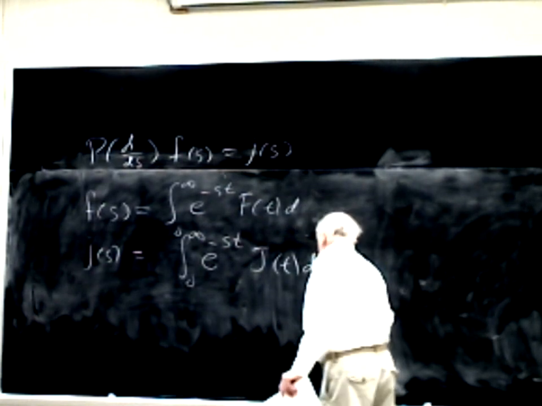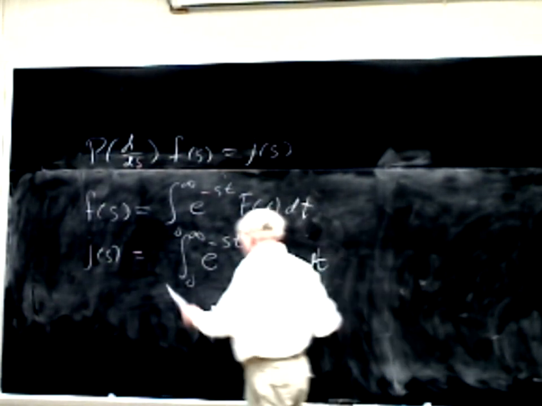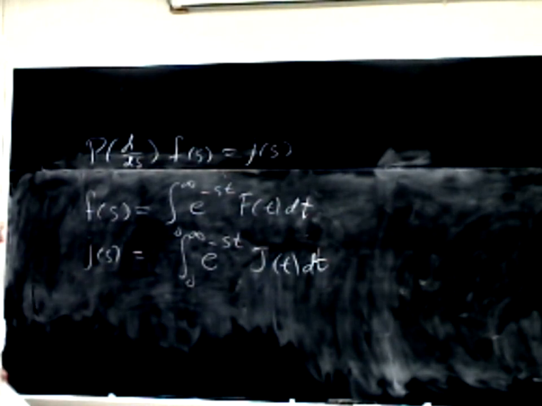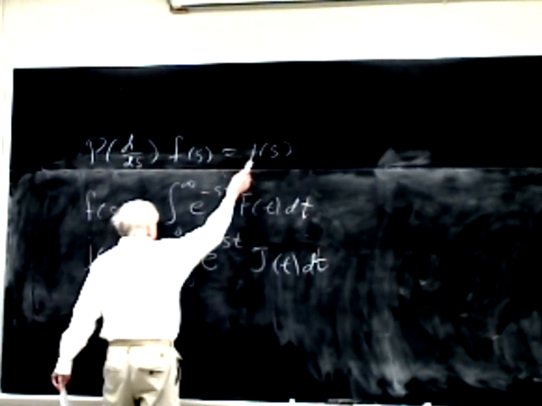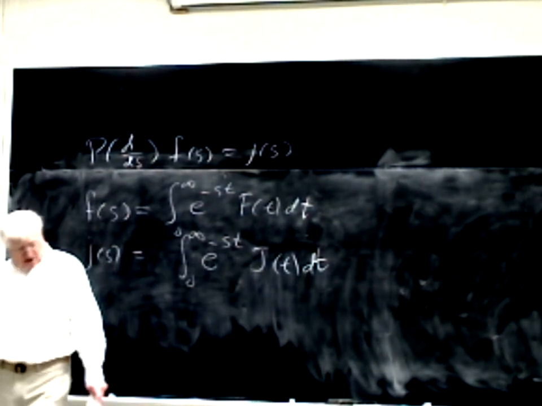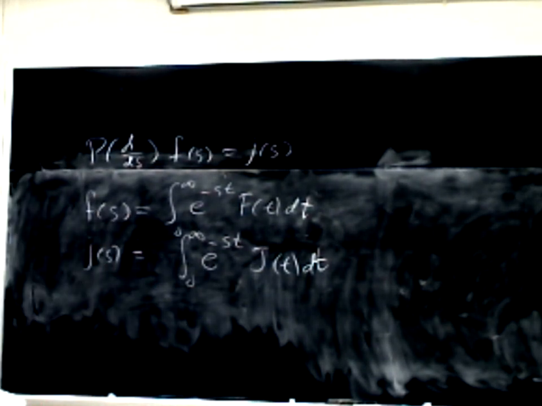Now, we're given the function j of s, so in order to write this down, we have to be able to invert the Laplace transform. But we did that a couple of periods ago.